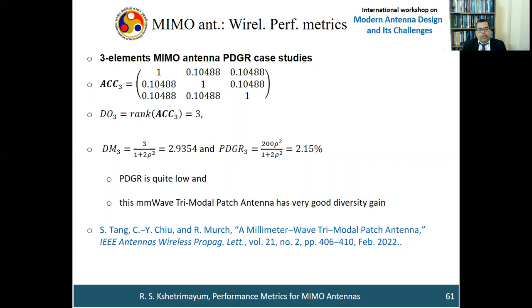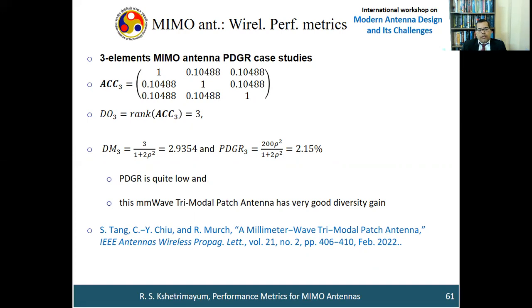We have also done a case study of a 3-element MIMO antenna, and we have found out PDGR for those cases. This is the SCC matrix for this 3-element MIMO antenna calculated from the envelope correlation coefficient reported in this recent paper published in February 2022. The rank of this matrix is 3, so the diversity order is 3.